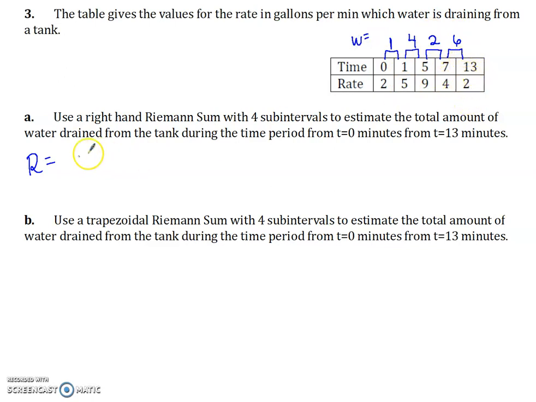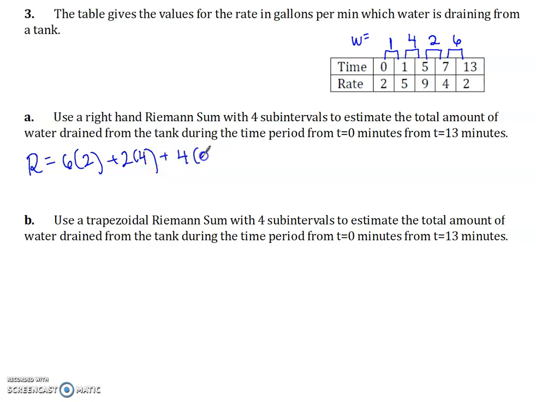So I'm starting on the right. So I'm going to do 6 times 2. Plus, for this one, I'll do 2 times 4. So since we're doing a right-hand sum, I'm always picking the one on the right. So like 4 is the distance from 1 to 5. And so 9 is the y value on the right of these two. So I'm multiplying the 4 by the 9.